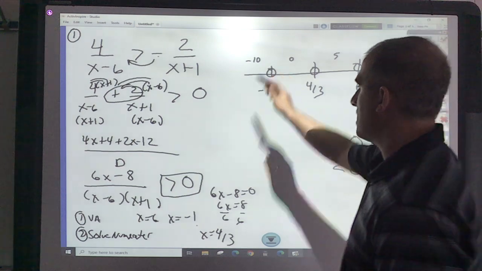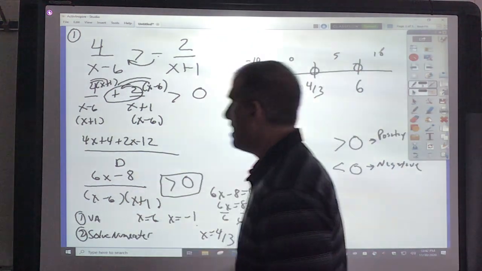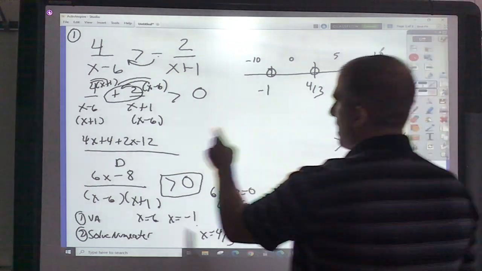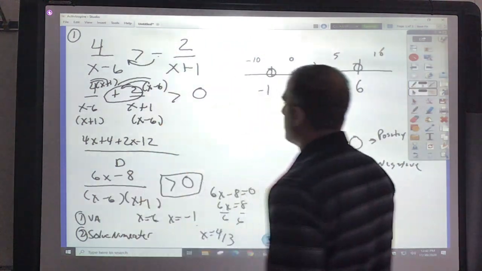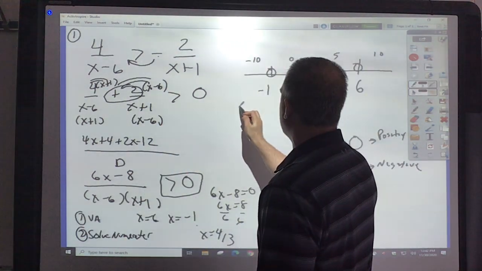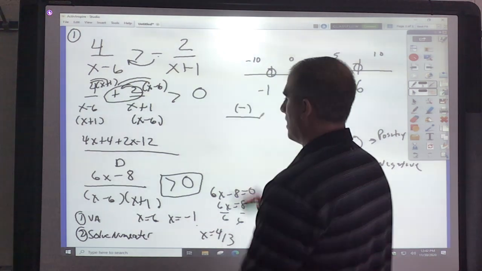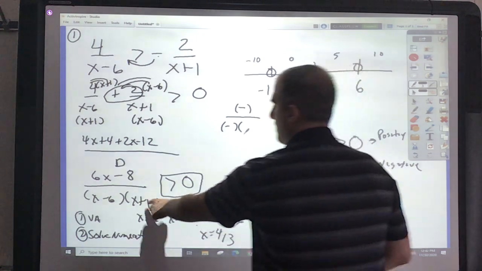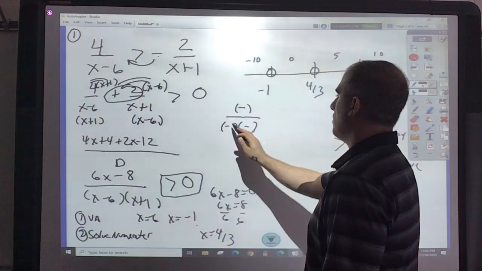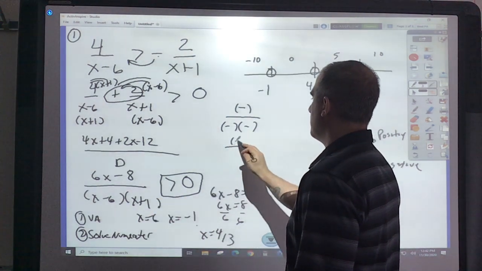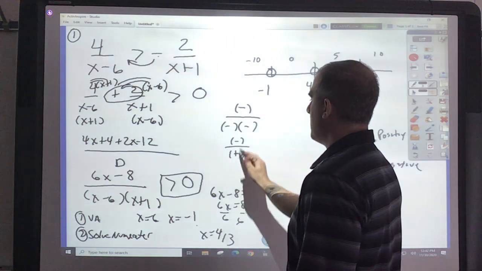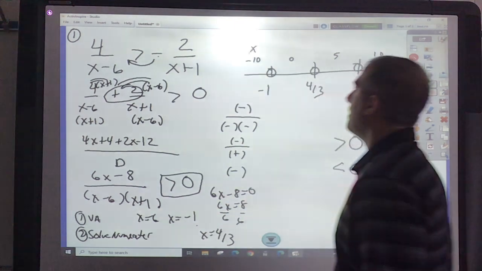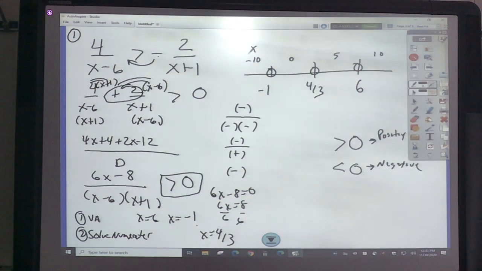If I put in negative 10, it doesn't matter what the exact number is, just whether it's positive or negative. 6 times negative 10 is negative 60, so the top is negative. In the denominator, negative 10 gives a negative in each factor, and a negative times a negative is a positive. A negative divided by a positive is a negative. So this area is no good. We want a positive number there.